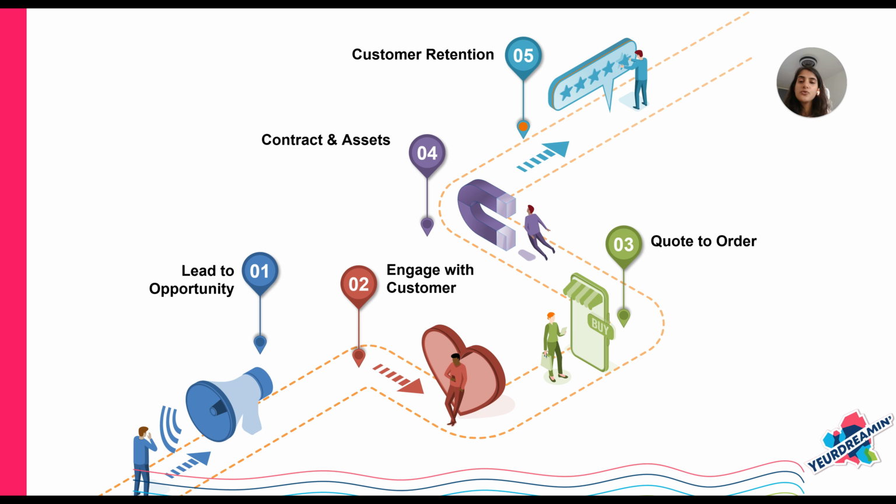The process then moves through necessary approvals, generating quote documents, and syncing with the opportunity. After approval, an order is created, the post-order process starts, followed by contract generation, which ultimately leads to an asset with some ongoing maintenance. And at last, we go through customer retention, loyalty management, and feedback cycles to enhance customer satisfaction and long-term engagement.